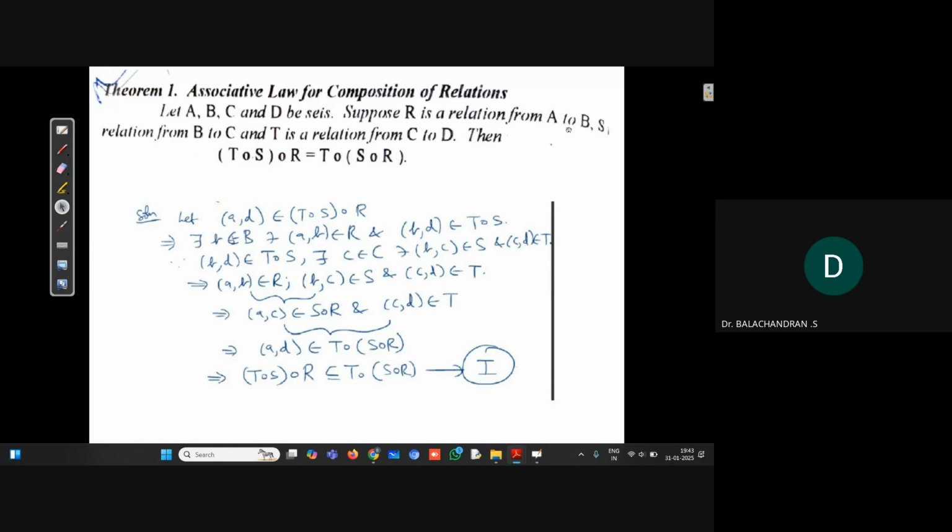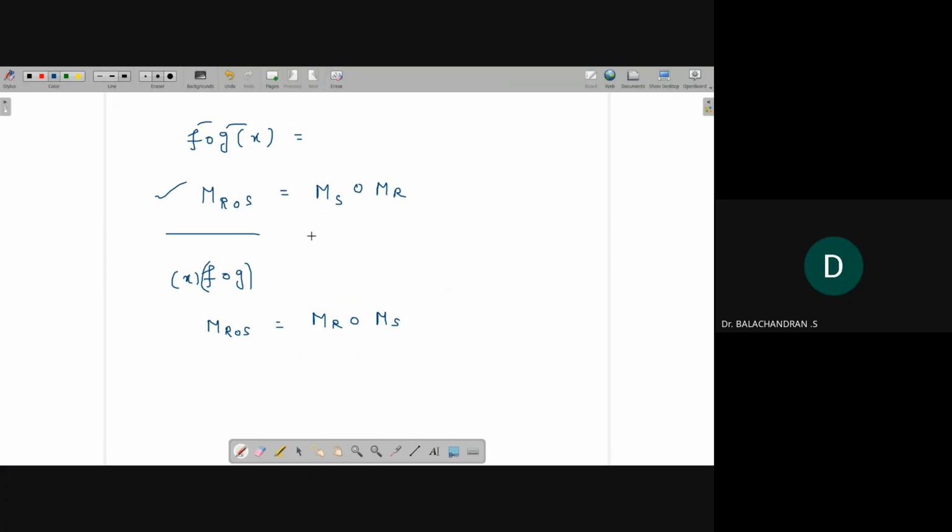Suppose R is a relation from A to B, S is a relation from B to C, and T is a relation from C to D. Then T composition S, within bracket, composition R is equal to T composition S composition R. So the main idea is to prove X equal to Y. Suppose X equals Y, I want to prove X is a subset of Y and Y is a subset of X. If I prove these two, then we can say X equals Y.